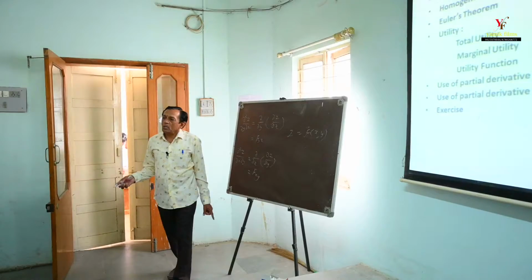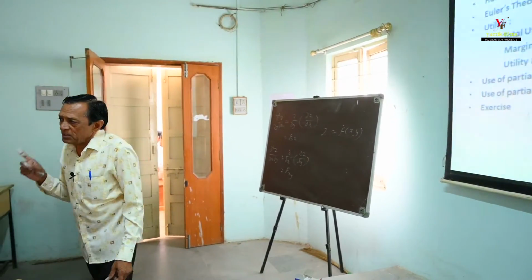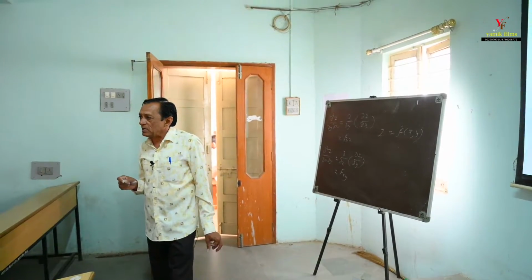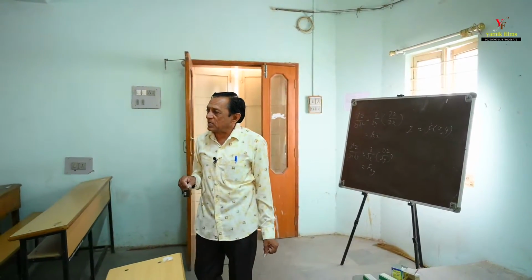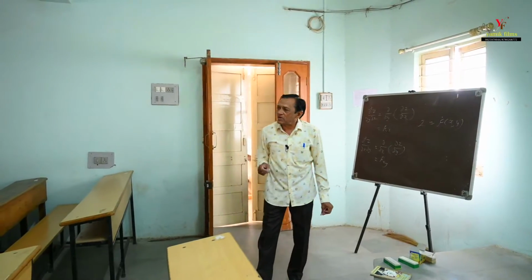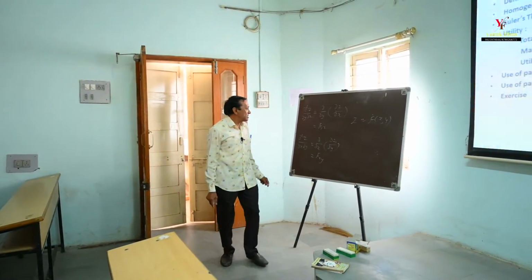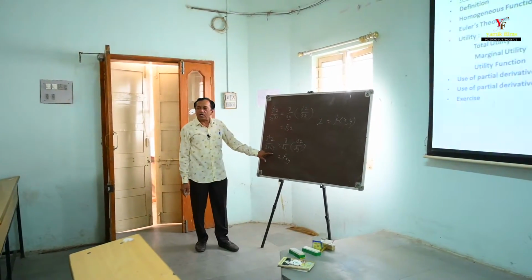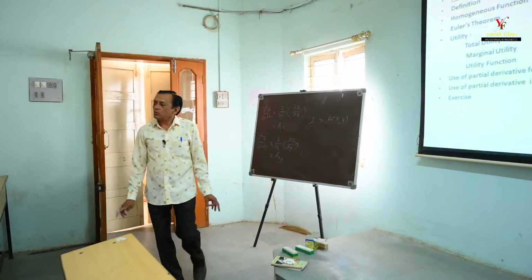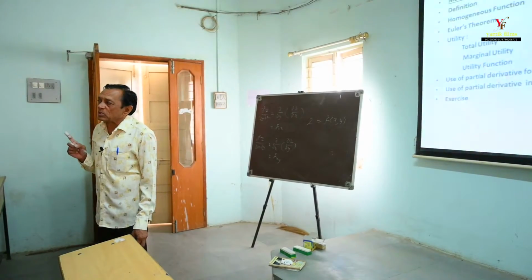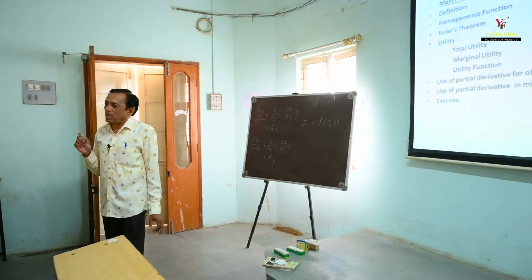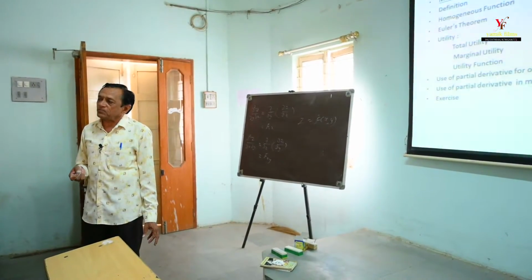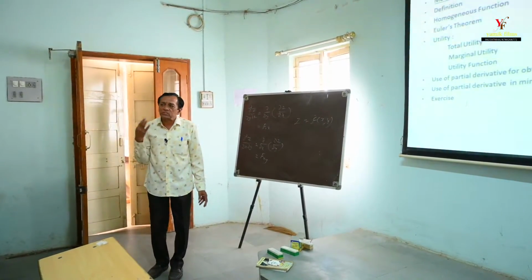First, if we are given a function z, then we have delta z by delta x, delta z by delta y, delta square z by delta x square, delta square z by delta y square, delta square z by delta y delta x, and delta square z by delta x delta y. We repeat this for any function given, then we obtain six values.